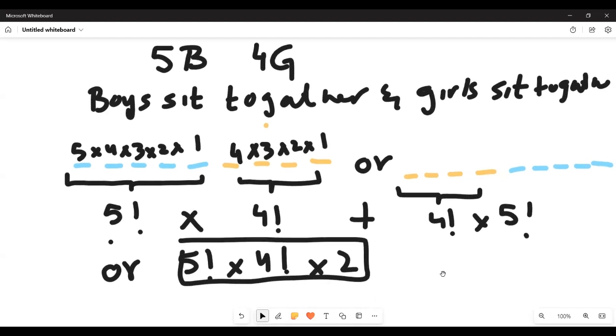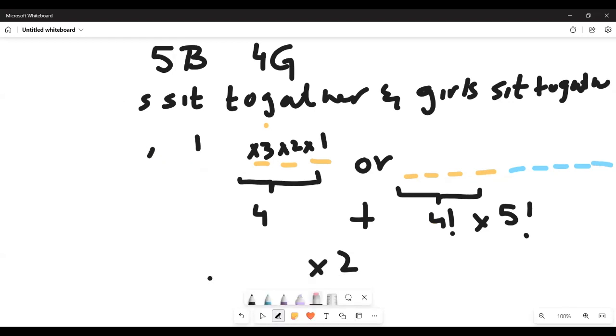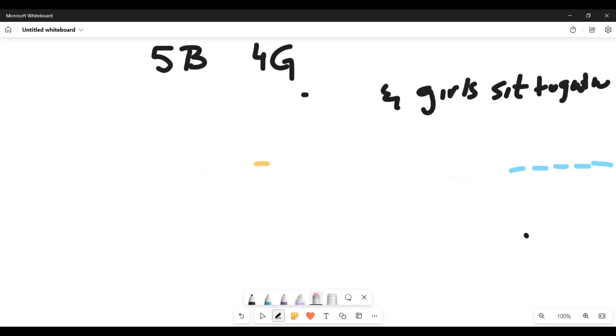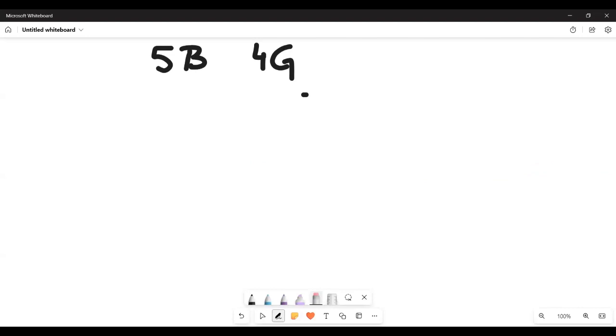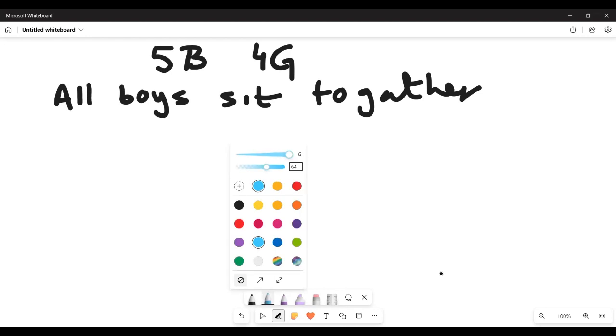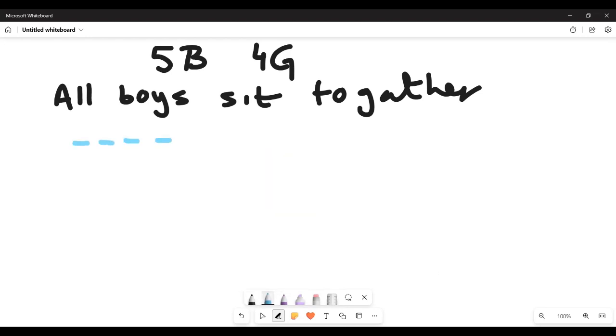Now it says that 5 boys and 4 girls have to be seated on 9 seats such that all boys sit together. Now, what does this mean? One scenario would be 5 boys sitting together and then come the 4 girls.